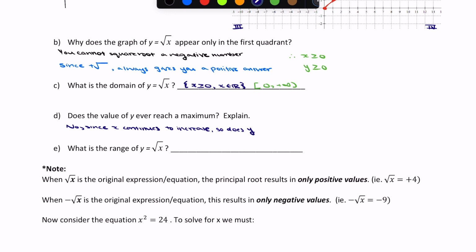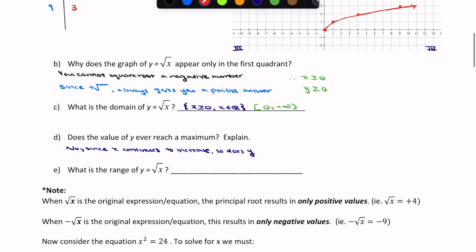You might think that there's an asymptote at around y is equal to 3. However, there is no asymptote because it is still continuing to increase. So it looks like an asymptote, but is not.